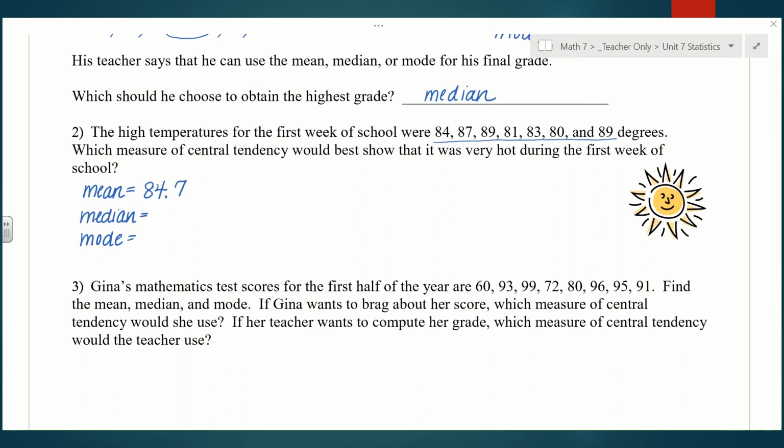To find the median, it looks like I do not have these numbers in order, so I'm going to make a list here. Cross them off as you go.